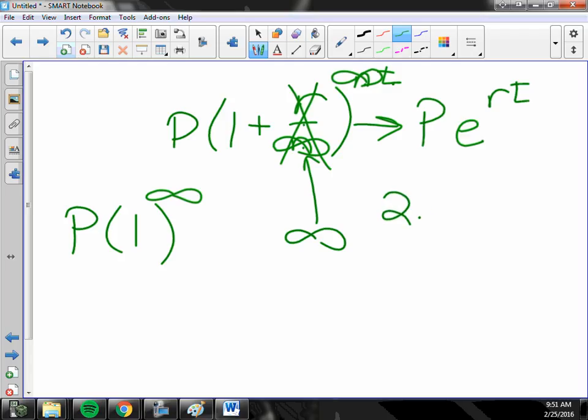It's 2.71, goes on forever. And there's no way to actually plug in infinity. Because technically you can't divide by infinity, and you can't raise to infinity when you're dealing with ones. So the graph approaches P e to the rt, and once calculus was invented, we figured out a way to actually do it.